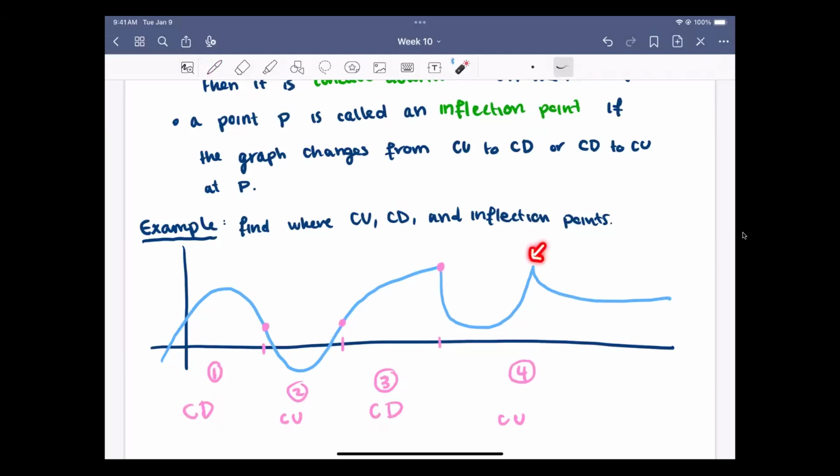What's going on at this point? I think this is a little bit weird. So the definition for concave up was we want the graph to be lying above its tangent at that point. But here we don't have a tangent.